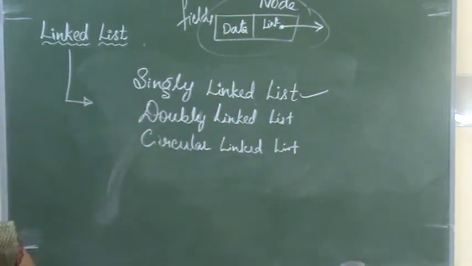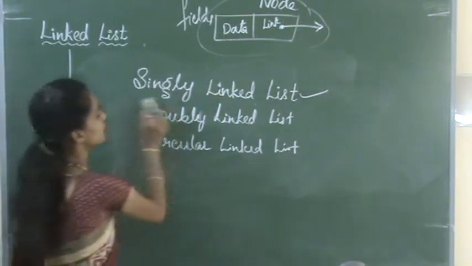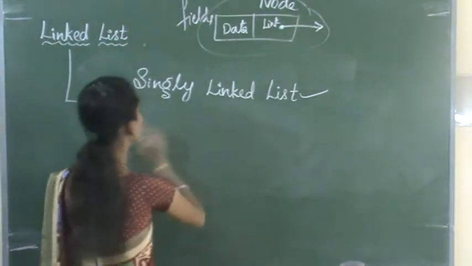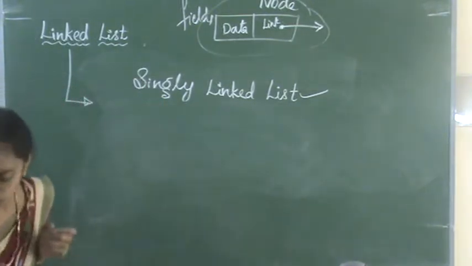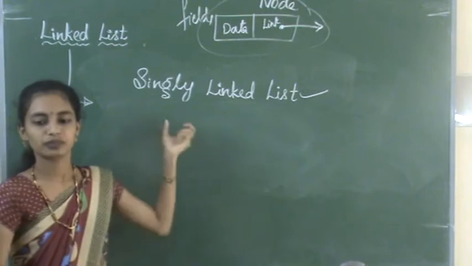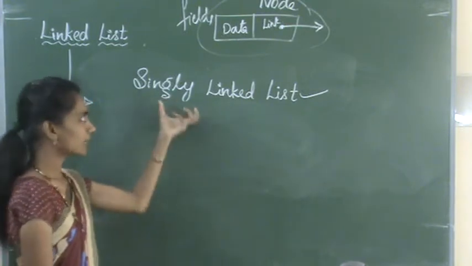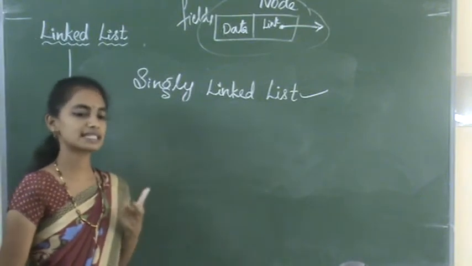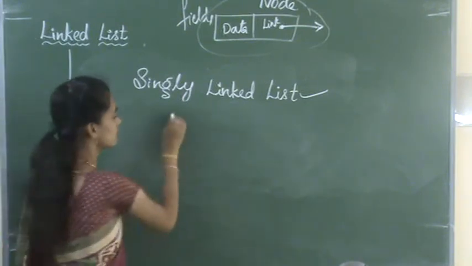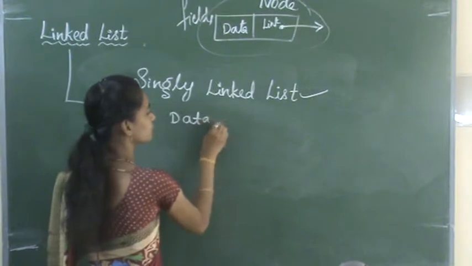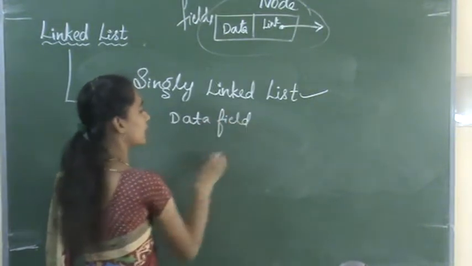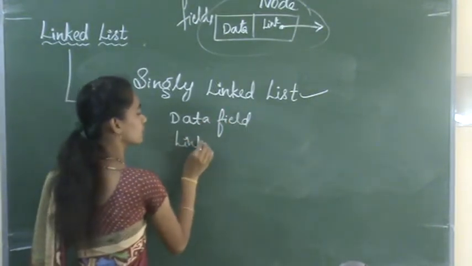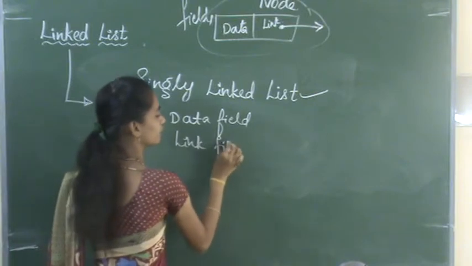So as the name suggests, singly linked list means it has only a single link field. As it is a linked list, it contains two fields or two parts. One is the data field, another one is the link field.